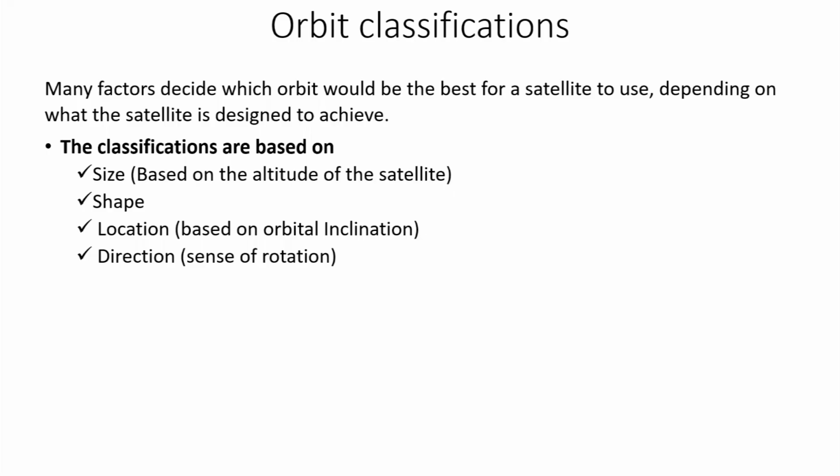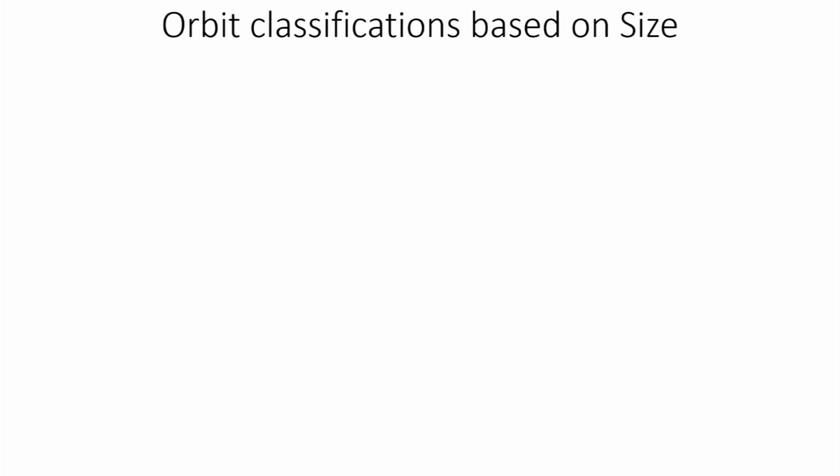Then the location, which means the inclination of the orbit with respect to the Earth's equatorial plane. Then the direction, whether it is clockwise or counterclockwise, the direction in which the satellite is orbiting. That also gives you the type of orbit or satellite.